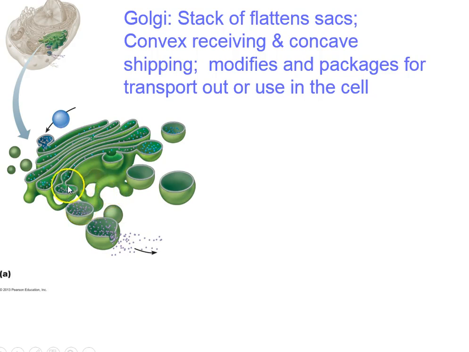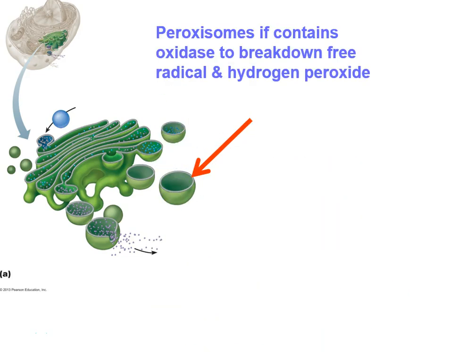Let's say that another one contains food, then it would be a food vesicle or vacuole. So we really have to know what's inside of a vesicle inside a cell to be able to name it. To actually name a lysosome, I would have to tell you it had hydrolytic enzymes inside of it. And a peroxisome, if it contains oxidase to break down free radicals and hydrogen peroxide.